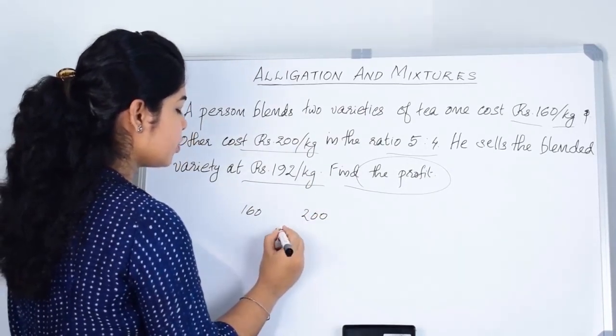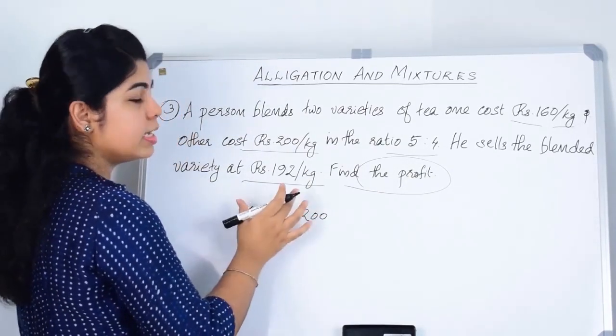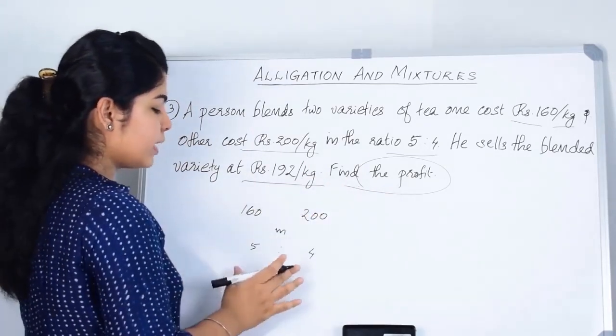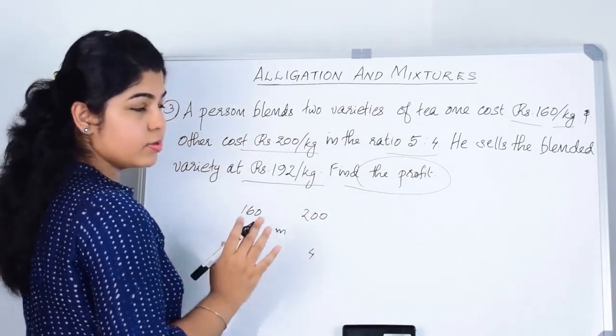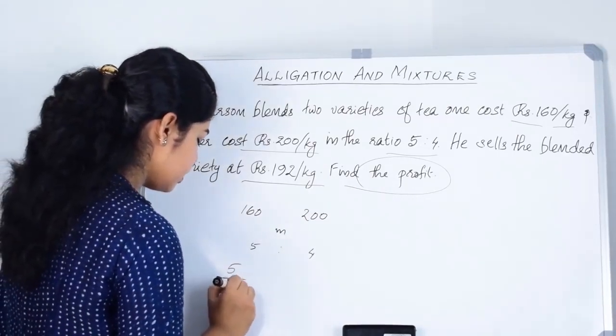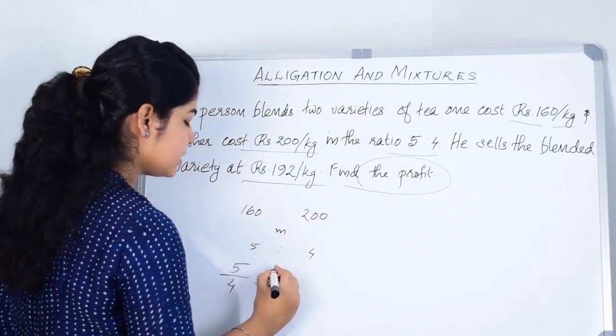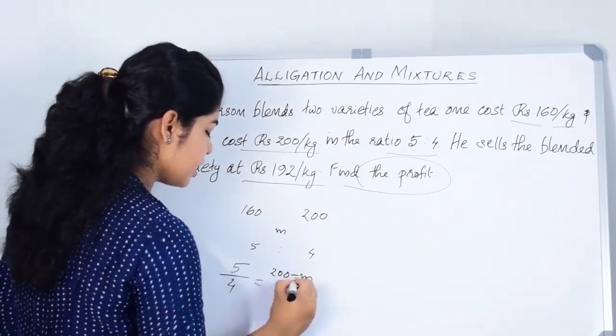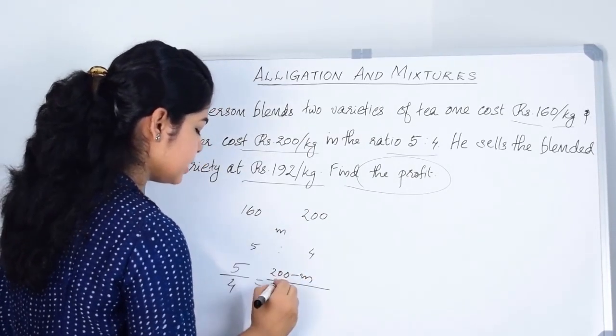Now we need to write the mean value here, but it is not given in the question. Now we can find M from this by using the rule of alligation. So 5 by 4 is equal to 200 minus M divided by M minus 160.